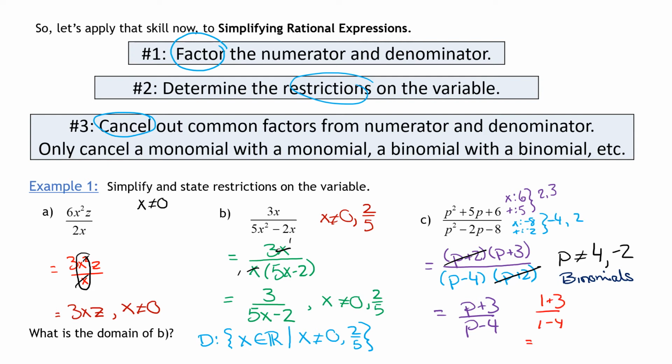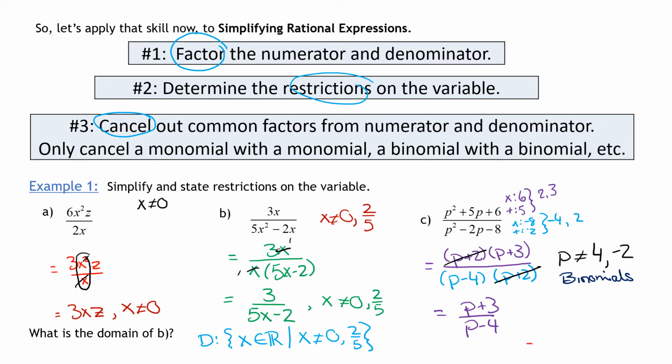That's going to give us 4 over -3. That doesn't cancel out to anything. The P plus 3 is a binomial, it goes together. The denominator goes together. So you have to leave it like that. You can't cancel out pieces of a binomial.